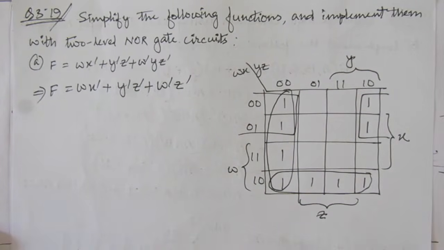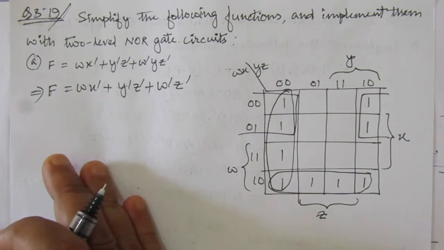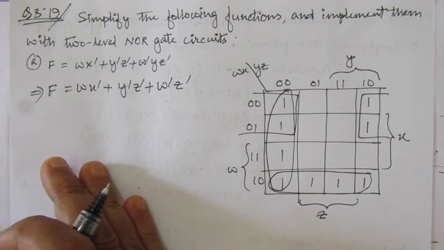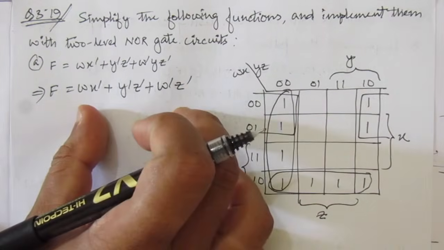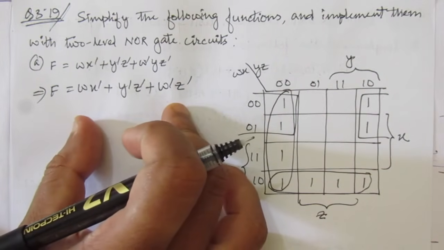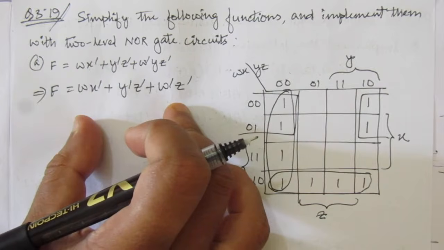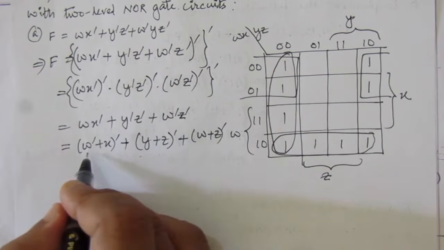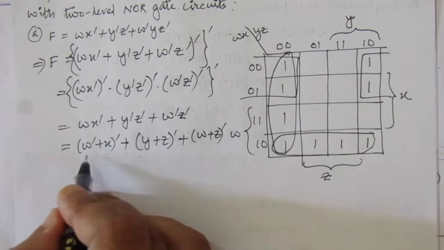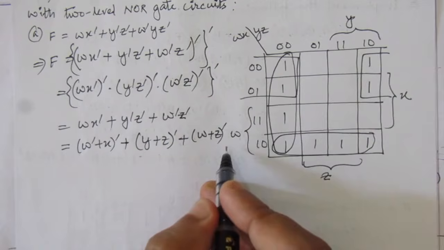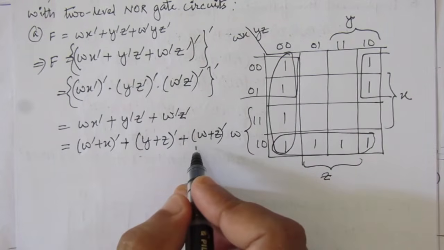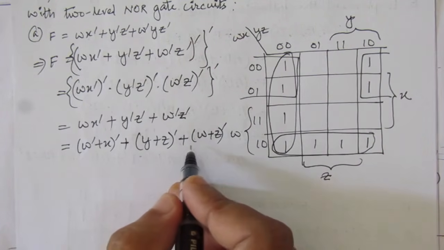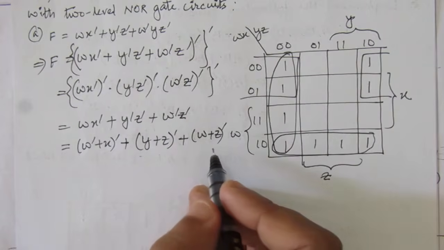After simplification, we have to implement this function with a two-level NOR gate circuit. So we have to transform this expression to a form from which we can use NOR gates. We can use NOR gates to find these three terms, but overall we have to add them, and if we add directly we will get the OR function.